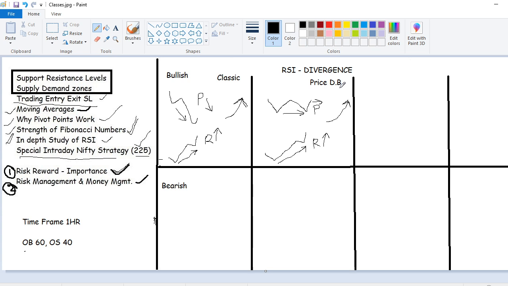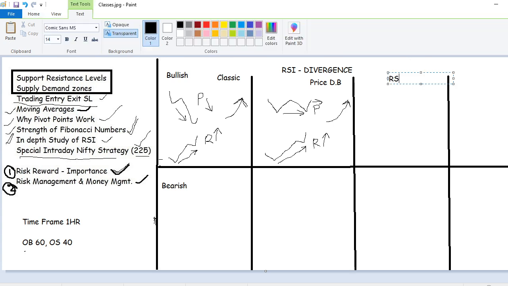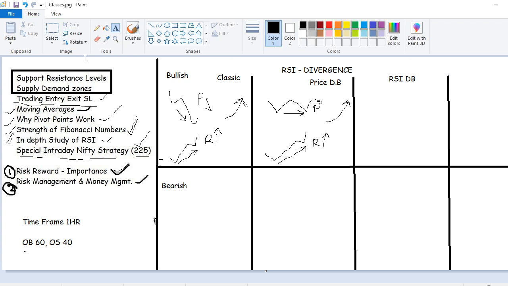Now there is one more concept where RSI makes double bottom. RSI makes double bottom. What does that mean? The price might be falling down, okay, the price is falling down, but RSI is making a double bottom.